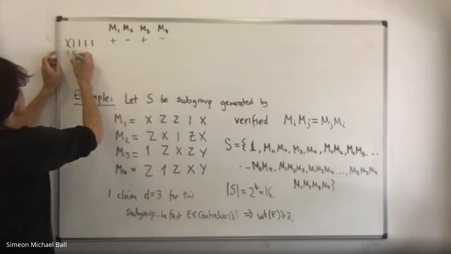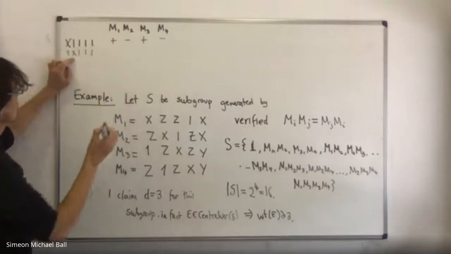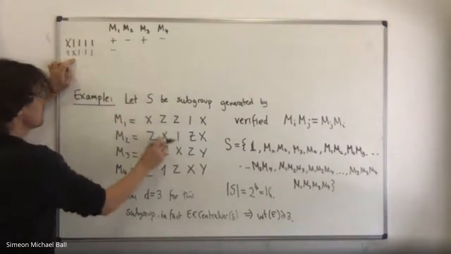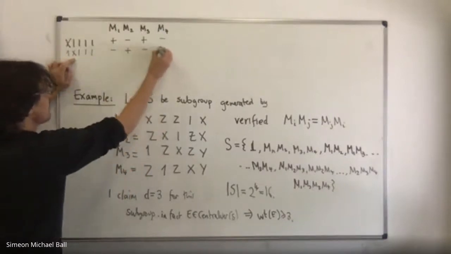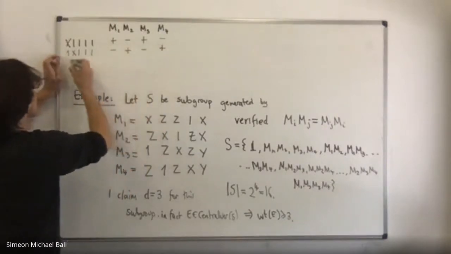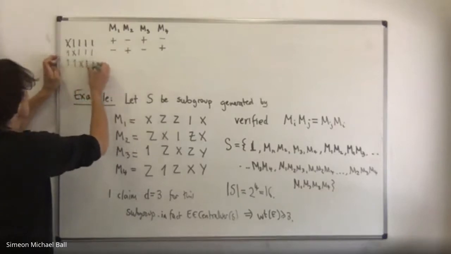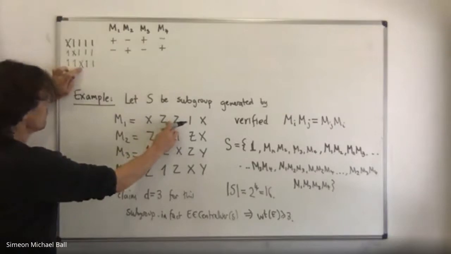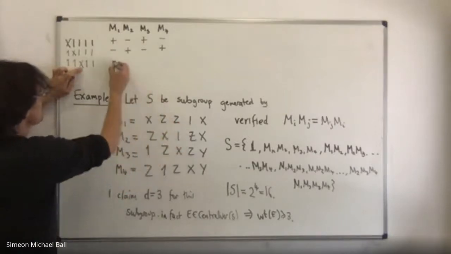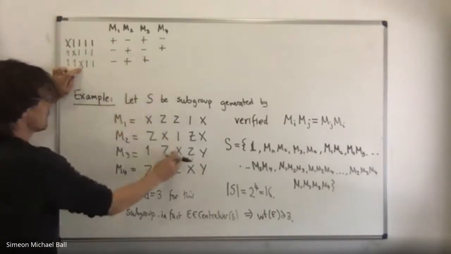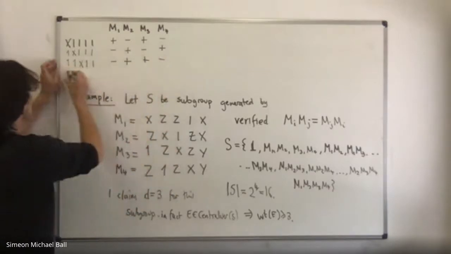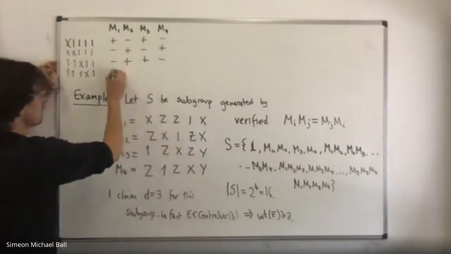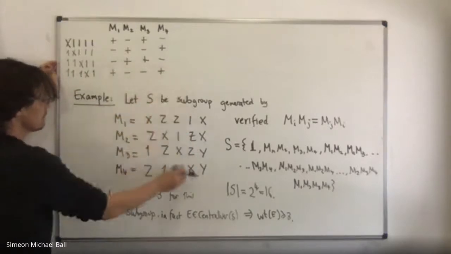Now, I can do that for all single X errors, and here I'm going to get minus, plus, minus, plus for 1, 1, X, 1, 1. So the third, I'm going to get minus, plus, plus, minus. The fourth, it's going to be plus, minus, minus, plus.